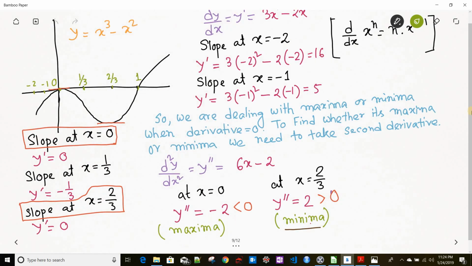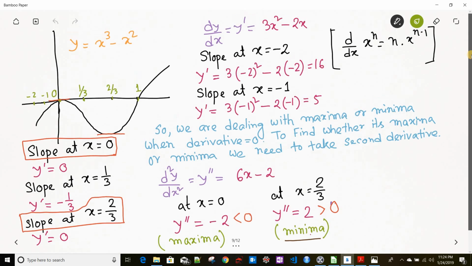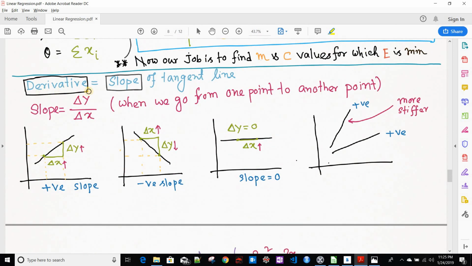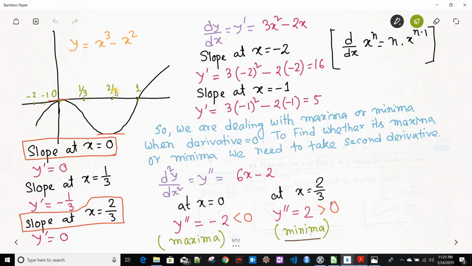Let's talk about derivative. For that I have taken this equation over here. As I said previously, the derivative is the slope of the tangent line, correct? So let's take the derivative of this.